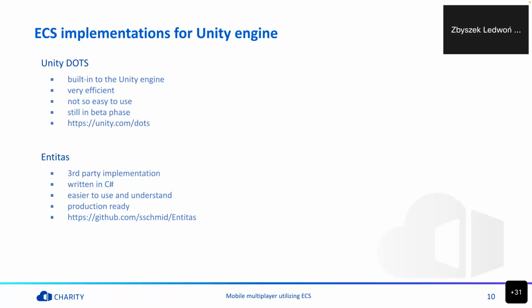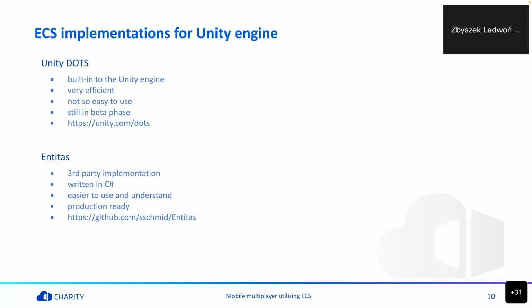I guess it's the most efficient solution on the market so far. But it's not really easy to use. It has, I would say, quite a steep learning curve to understand what's going on in this code. But once it's done, it is worth it.